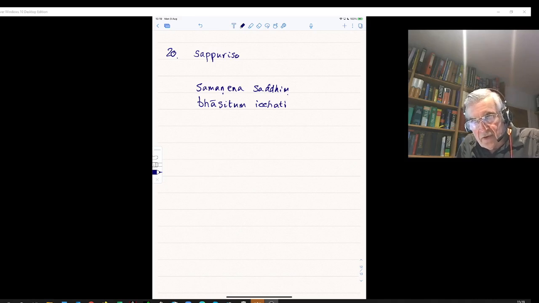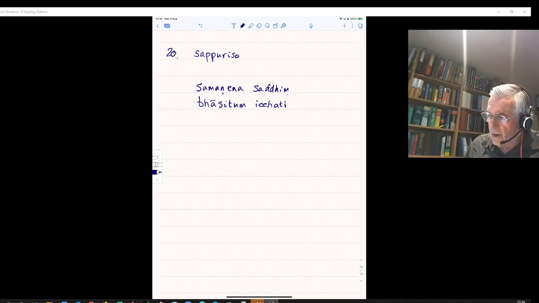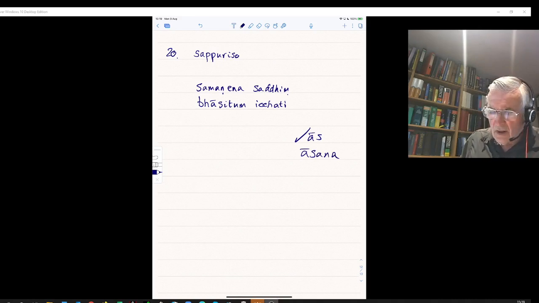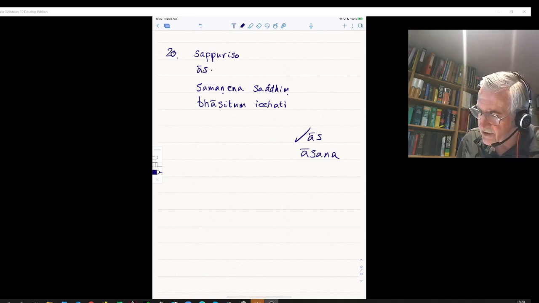So having risen from the seat, asana, from the root as, to sit, and it's the same, asana, a sitting or a seat, or the yogic asanas, same word. So from the seat, having got up from the seat, asanamha, ablative.